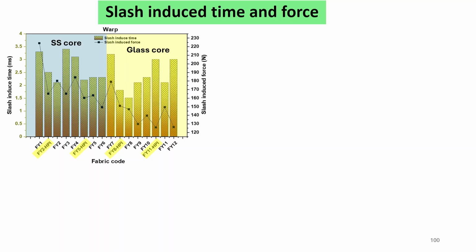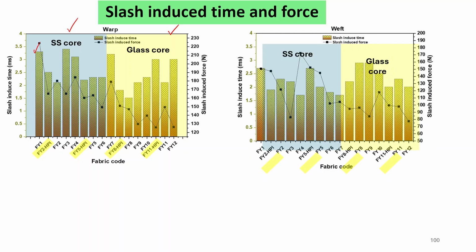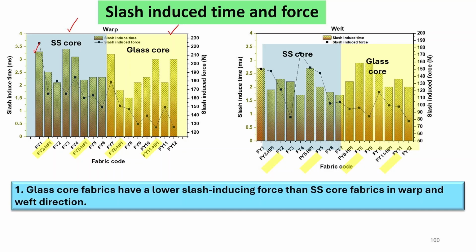Slash induced time and force. This is the SS core, glass core, slash induced time. These are the slash induced time, and the dots are slash induced force, warp direction, weft direction. So, the glass core fabrics have lower slash inducing force than SS core.